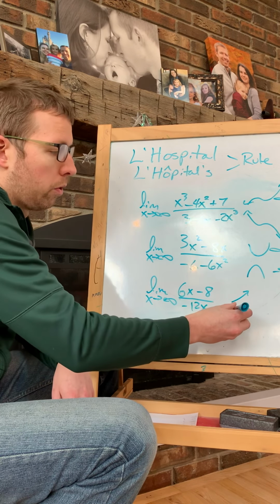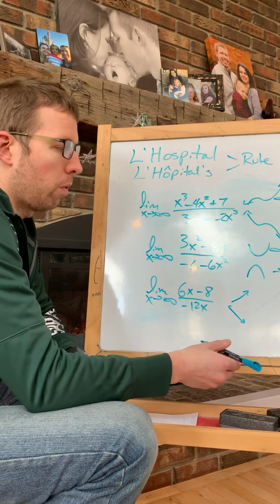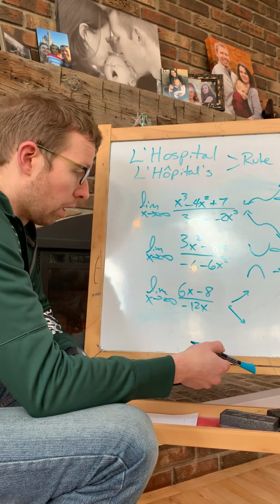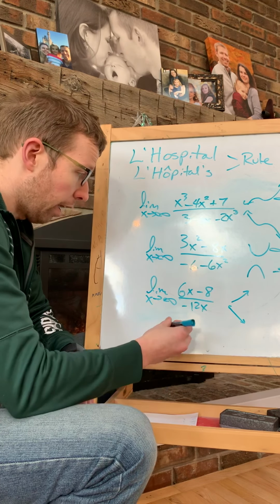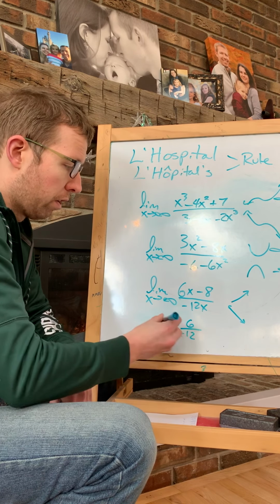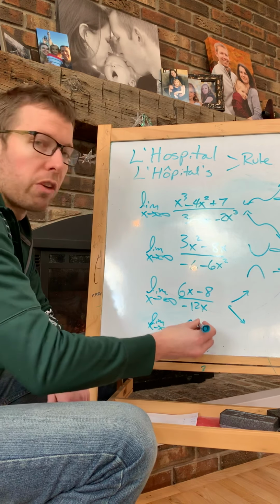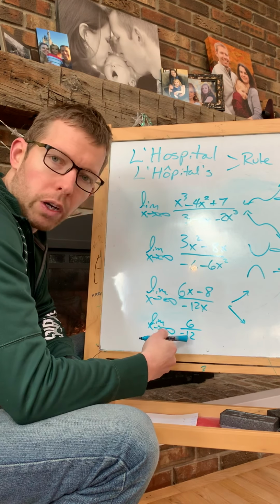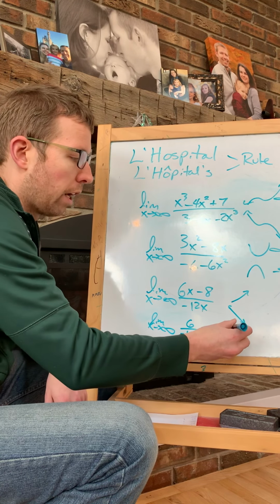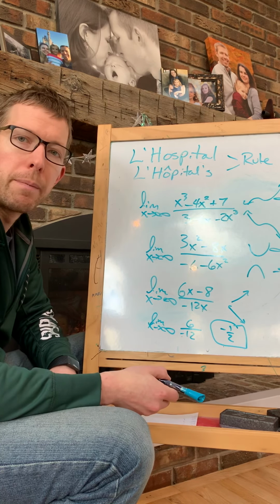This thing would go down towards negative infinity. And once again, I have infinity divided by negative infinity. So let's do it again. And I end up with 6 over negative 12, the limit as x approaches infinity of 6 over negative 12. Well, what is this thing going closer to? This thing is going closer and closer to negative 1/2. And that is my limit.